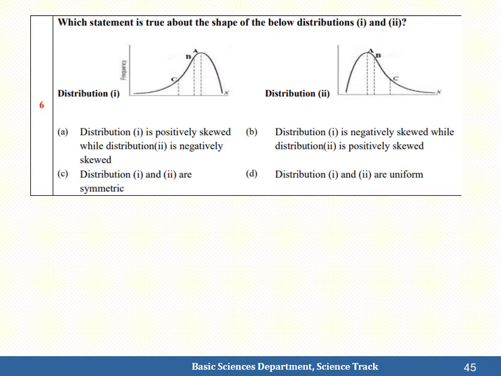Now, which statement is true about the shape below? The distribution is I and 2i. As you see here, we have something on the left side. It's left skewed, pushed down on the left side, and this one on the right side is pushed down, so it's right skewed.